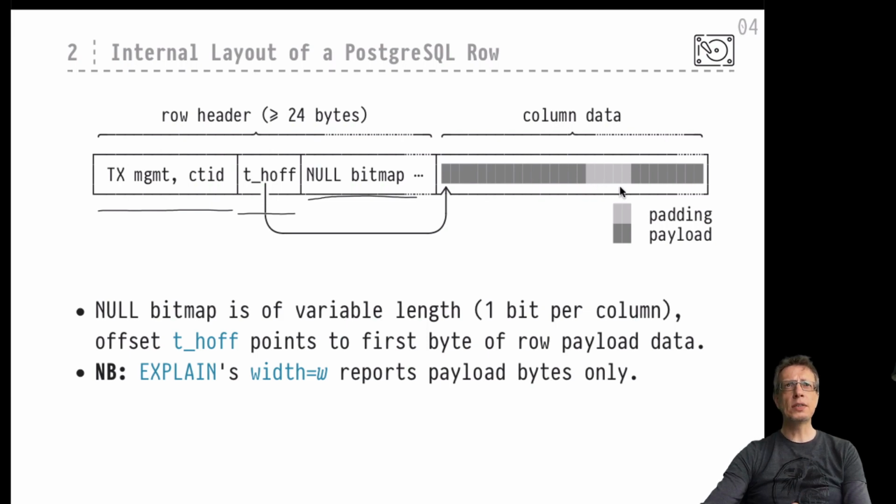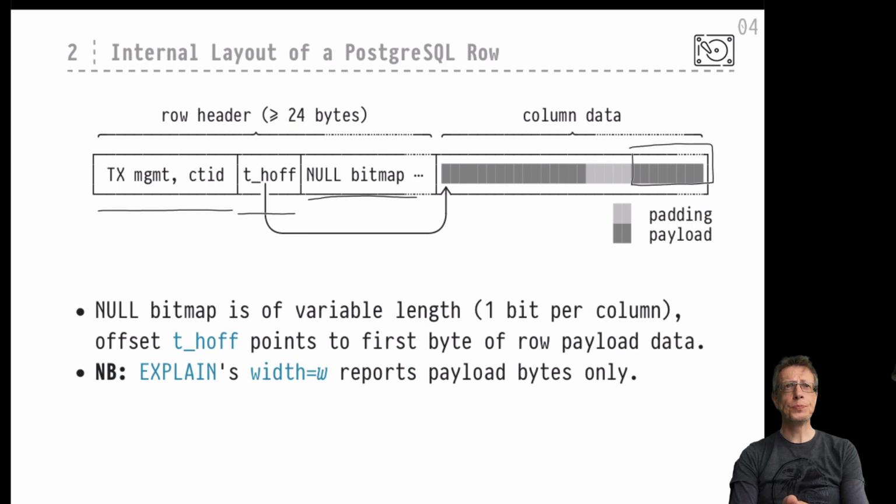These padding bytes are there to make sure that the actual payload data, for example, this piece, is located in memory at an address that a modern CPU can actually efficiently access. So sometimes there is some additional data that we might not be expecting here that will lead to a payload data that is wider than actually the data types in the columns would suggest.